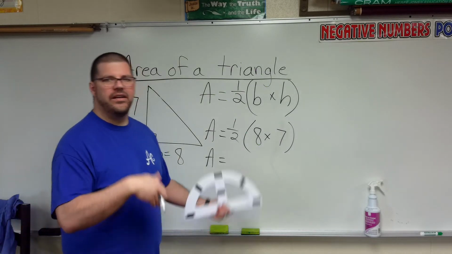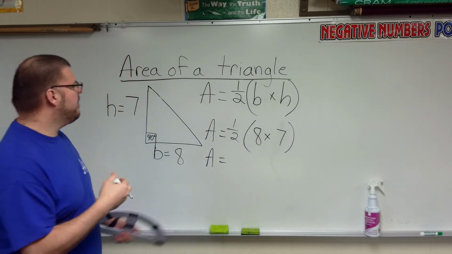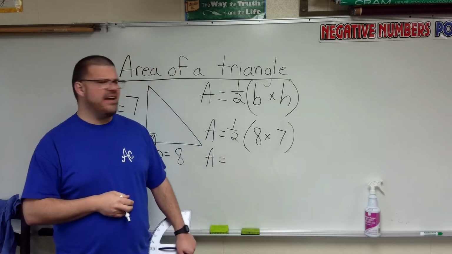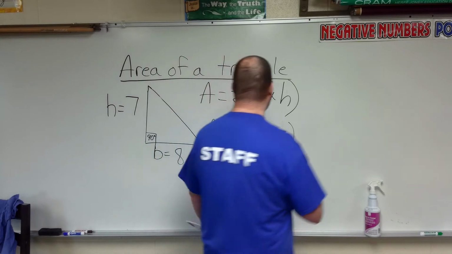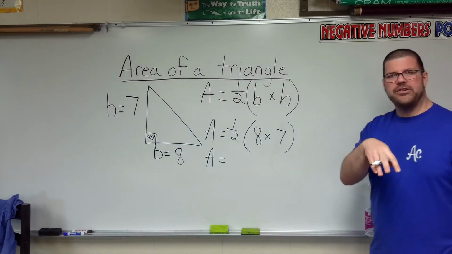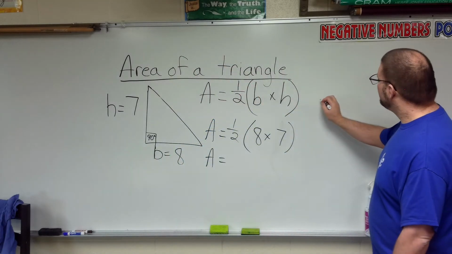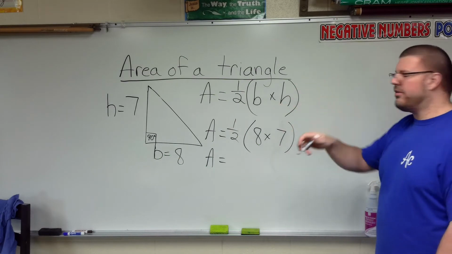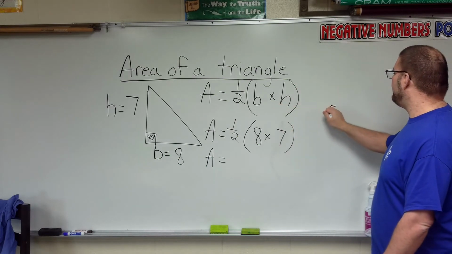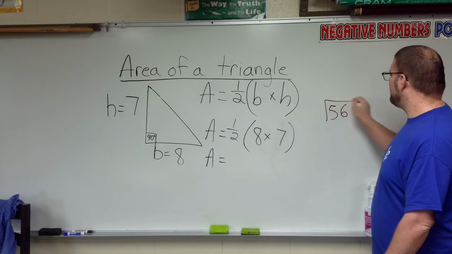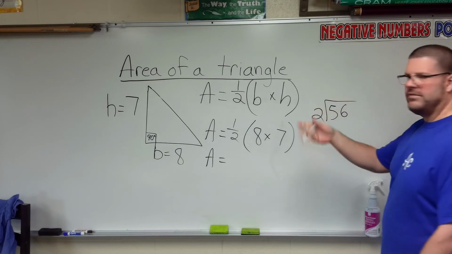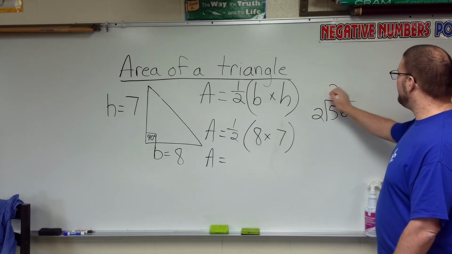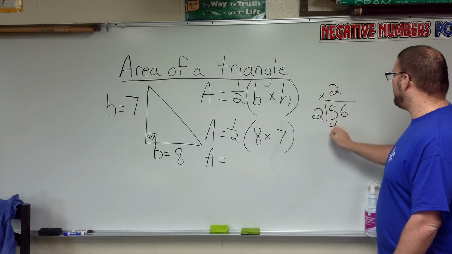8 times 7 is 56. Very good. Now, half of 56. I don't know if I know the half of 56 very well. So let me try this. This is where we can do a little bit of our division, right? So half is really 2. You're dividing it into 2 parts, right? So 56 divided by 2, just like a long division, 2 goes into 5 2 times. 2 times 2 is 4.